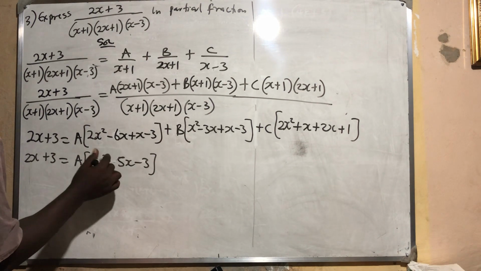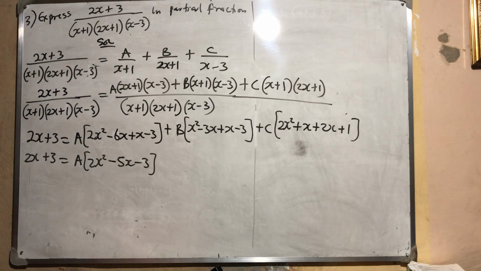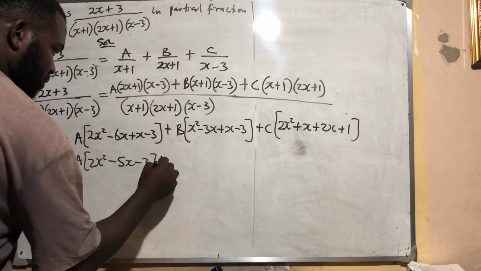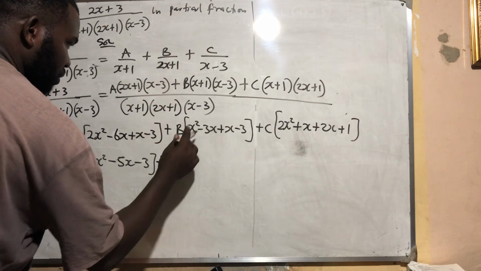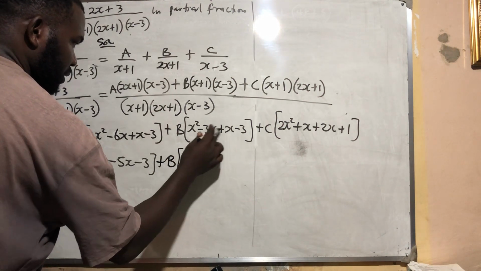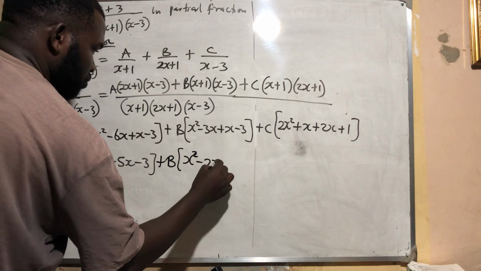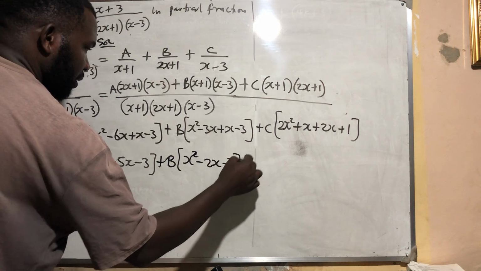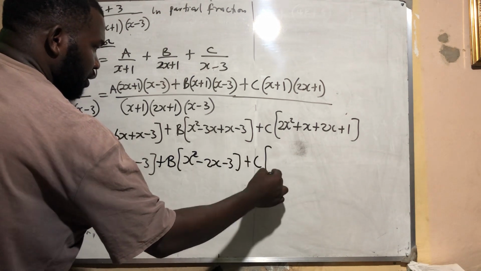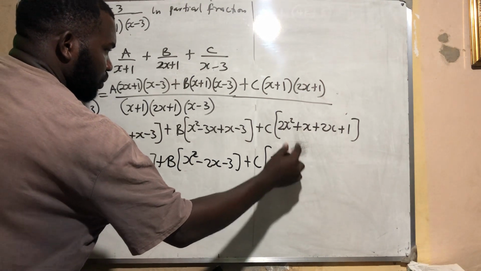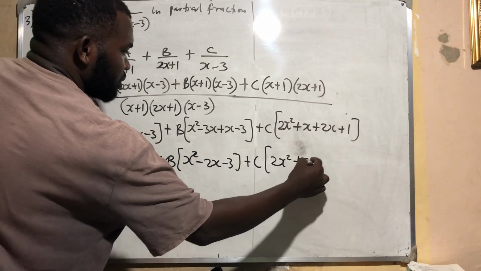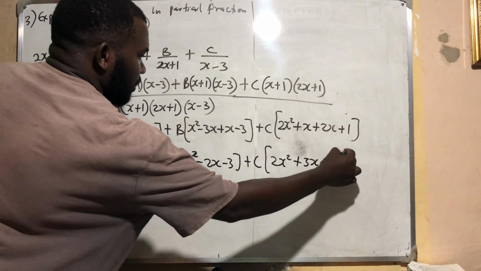Plus B into (x squared, this and this give you minus 2x, minus 3). Then plus C into (2x squared, this and this give you plus 3x plus 1).